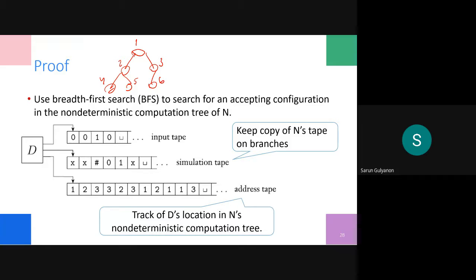And in order to do this, it needs a queue to keep track of basically two things. First, the location of the configuration in the tree, which is the address tape.